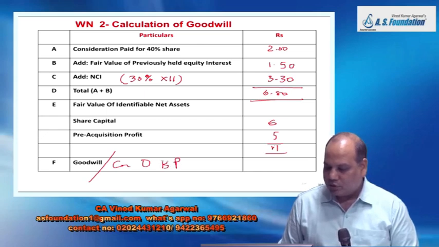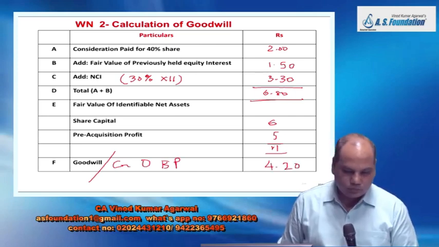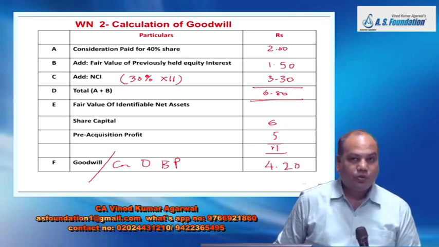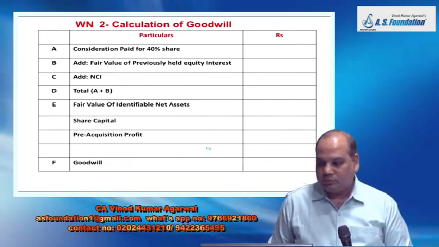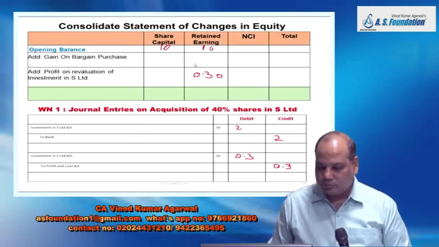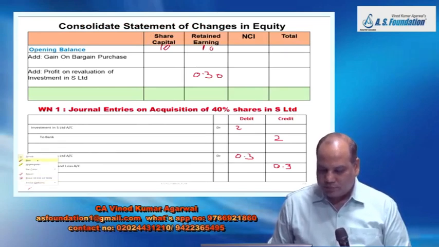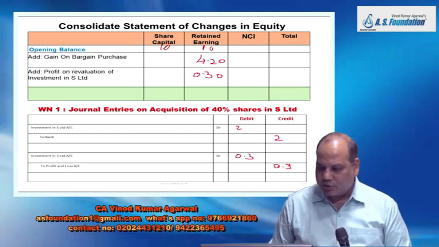How much is that GOBP? 4.20. Is it 4.20? We'll go to this gain on bargain purchase. Write 4.20. And how much was NCI you have calculated? 3.30.